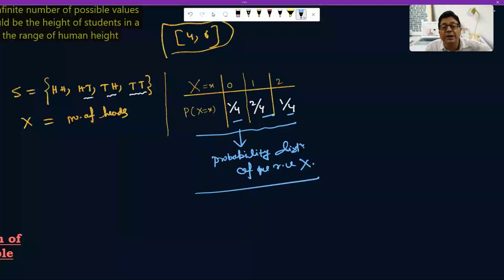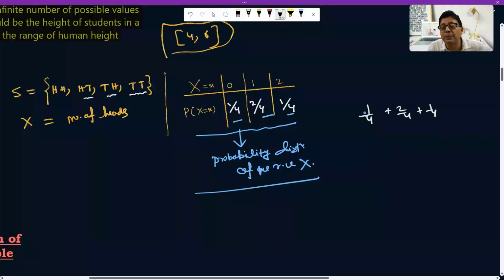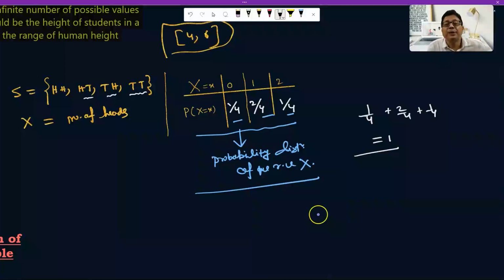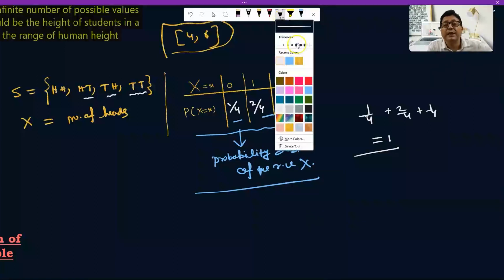And second, if you add all these, 1 by 4 plus 2 by 4 plus 1 by 4, the sum of these probabilities is equal to 1. And this is in fact the rule of probability distribution. The sum of the probabilities of all those events is equal to 1.